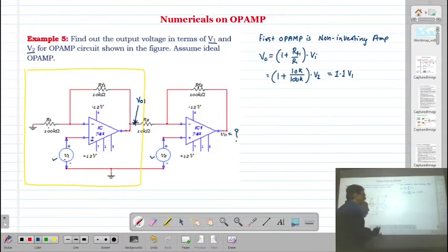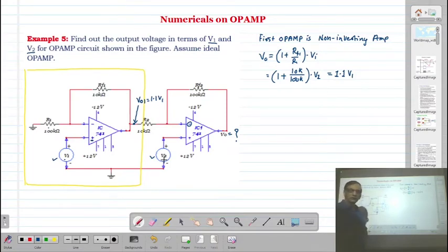Now concentrate on the second one. In the second operational amplifier, the input voltage given to the inverting terminal is the 1.1 V1 we have calculated, and at the non-inverting terminal the V2 potential is there. In this case, whenever two different potentials are given, you can calculate the output voltage by applying the superposition principle.